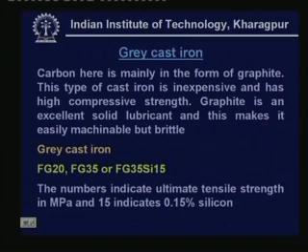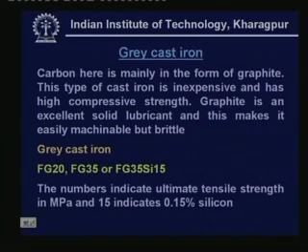Graphite is also present, and graphite is an excellent solid lubricant, and this makes it easily machinable, but brittle. Now, in general the cast irons are brittle, but of course not in all cases, as we will see.